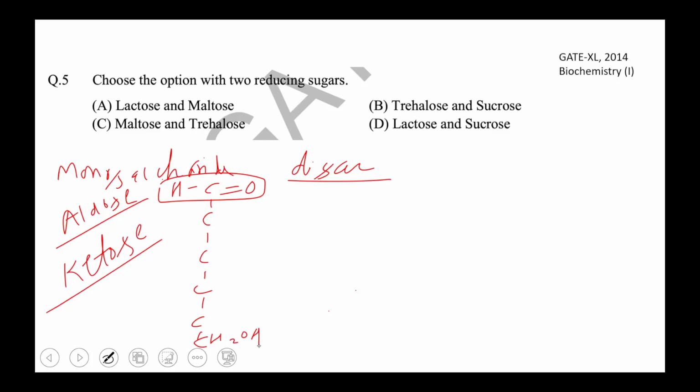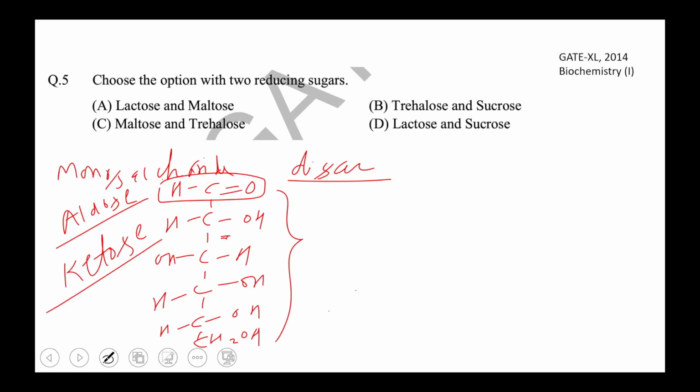In between, the OH and H are arranged in groups. This is the 6 carbon structure.